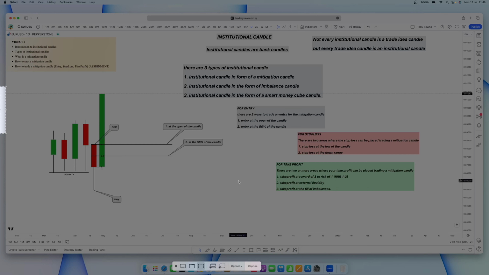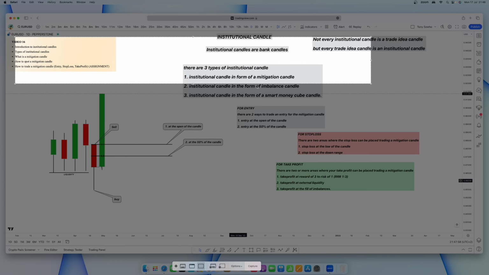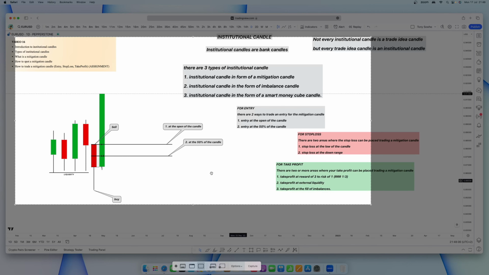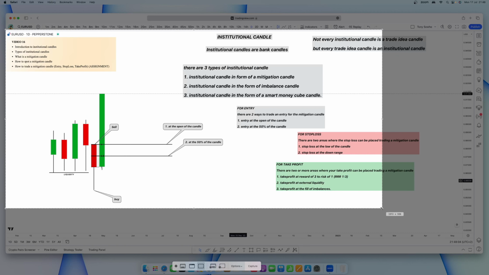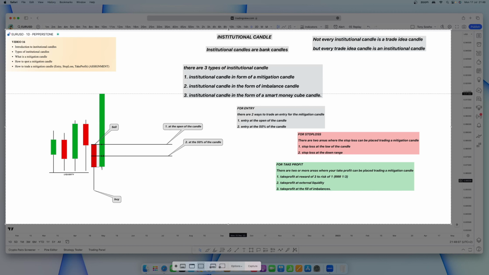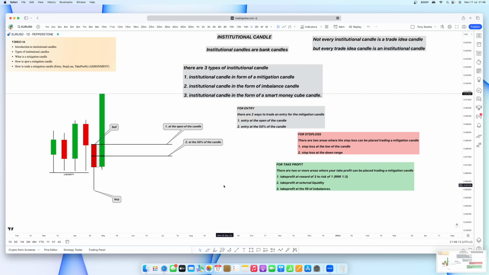So let me just take a screenshot of this quickly. Okay, so we have that now. All right, so now let us go to examples quickly. The first example I want to show you is on AUD card.